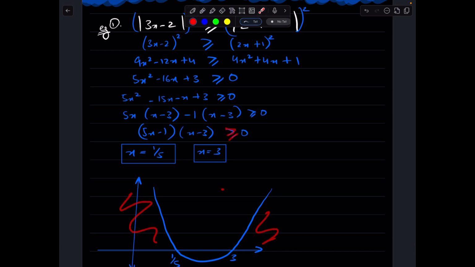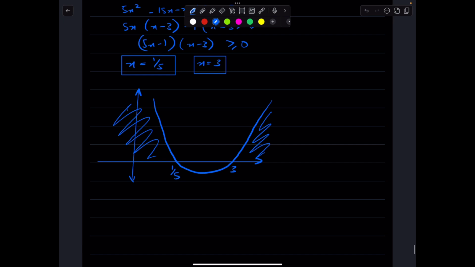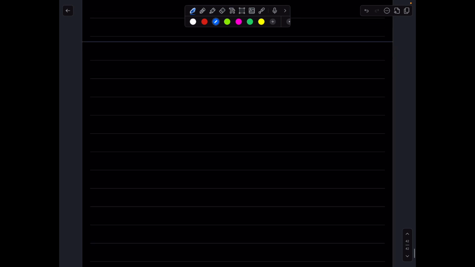We'll shade that. And when it comes to writing our answer, it will be x is less than or equal to 1 over 5 and x is greater than or equal to 3.